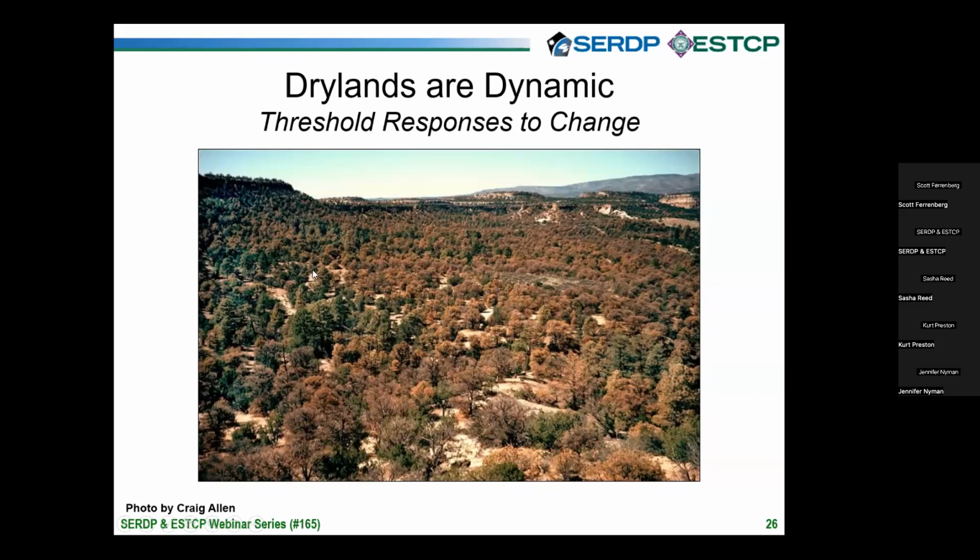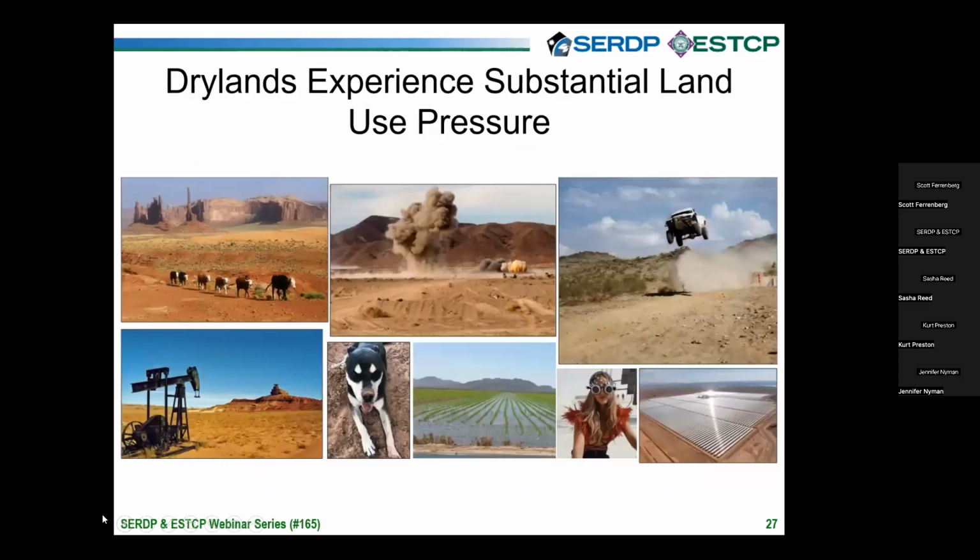And so there are lots of mortality events across these vast areas. And the trees that are still green here, juniper trees, have also since died in many locations. So understanding how systems may experience state changes in response to climate change is an important part of understanding how we manage for these systems.